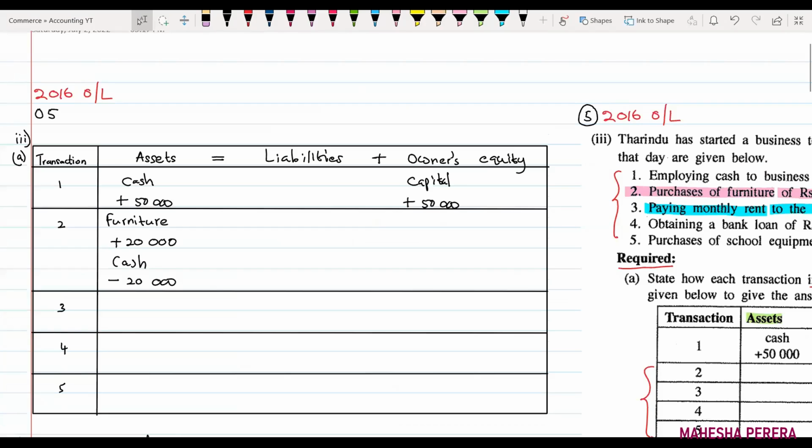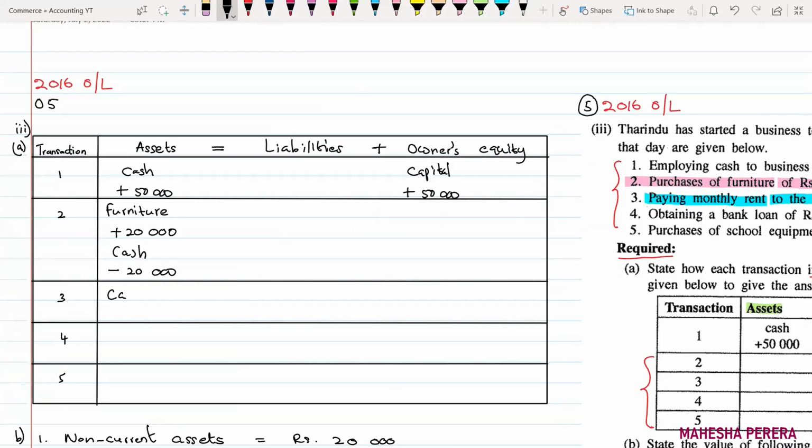The value of cash of this business decreases by 5,000 rupees. So I can write under assets, cash minus 5,000, right? And then it's better if you can align the numbers, because then easily you can calculate and get any values if you need, right?